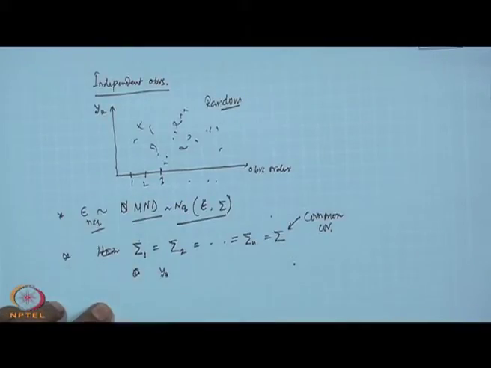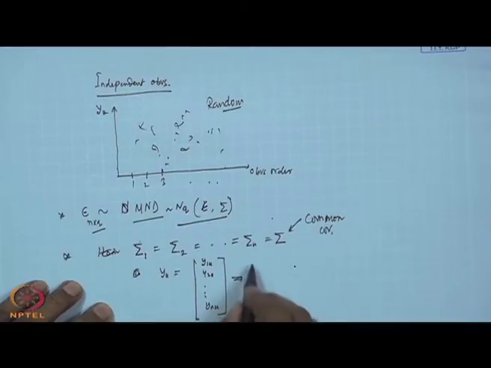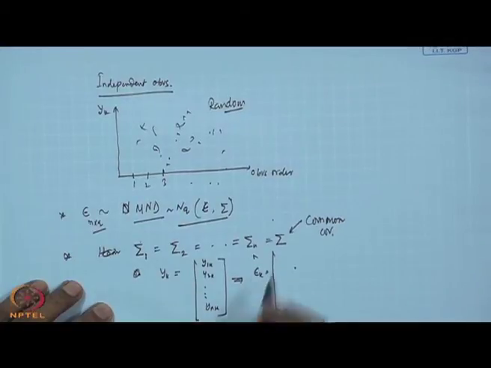If I say y k, then if I take the observations related to y k, y 1 k, y 2 k, like this y n k observations will be there, and the corresponding errors will be epsilon 1 k, epsilon 2 k, like this epsilon n k.